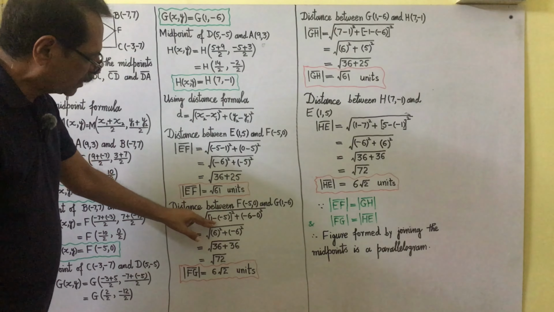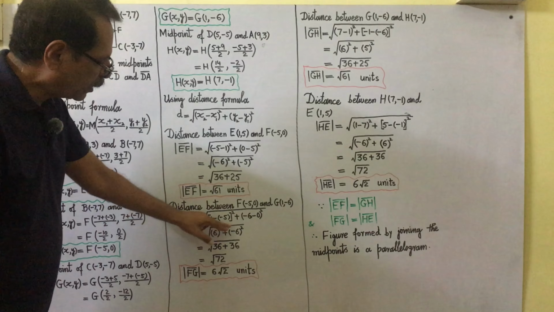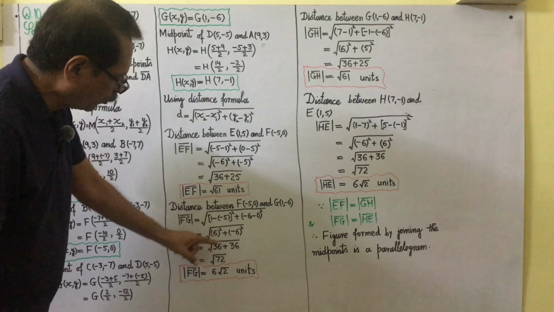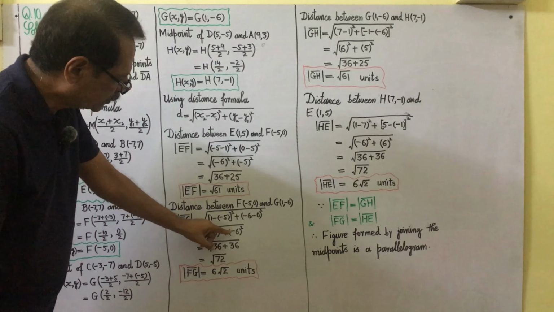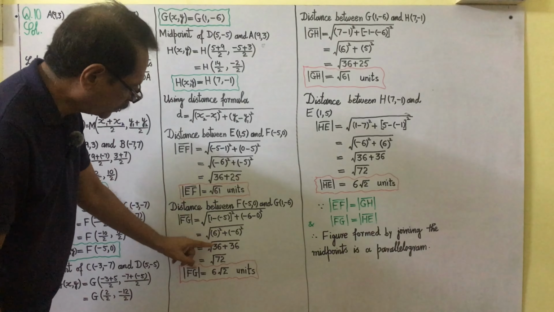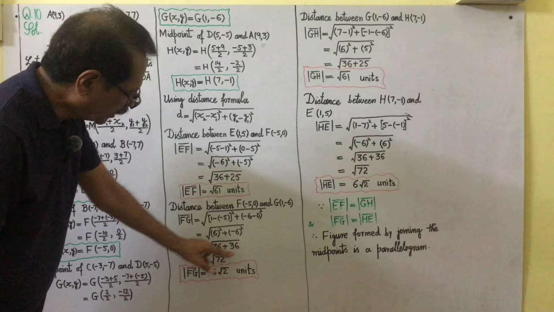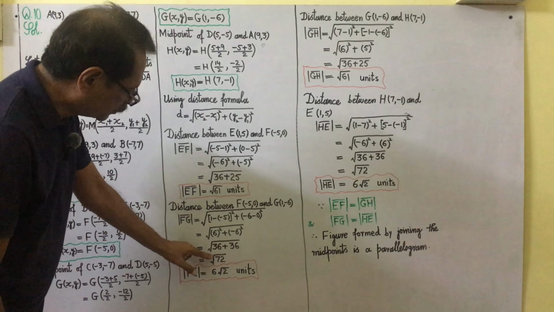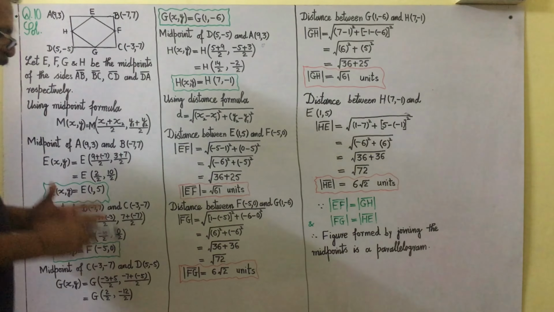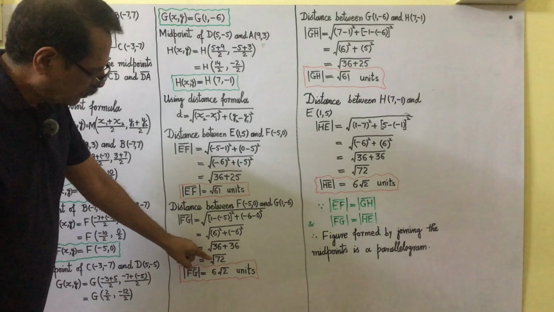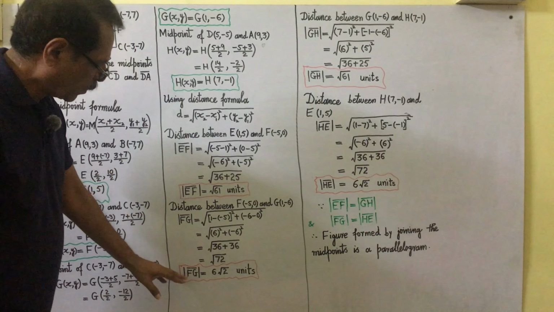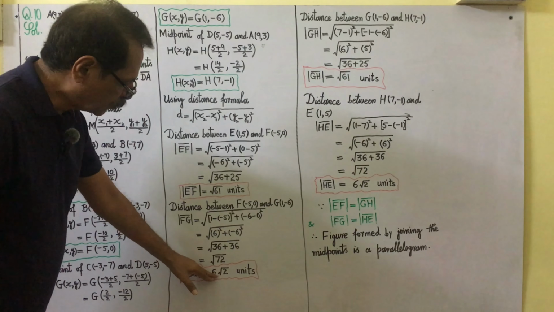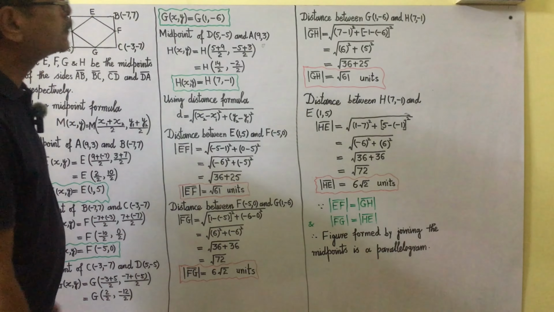Minus into minus is plus, 1 plus 5 is 6 squared plus -6 squared, 36 plus 36 is 72. So FG is square root of 72. 72 can be written as 36 multiplied by 2. So FG is 6 into square root of 2 units.